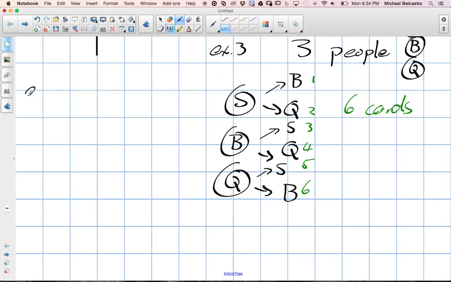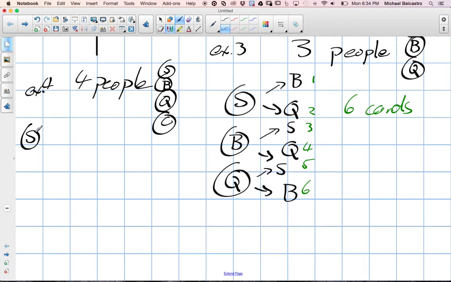Let's continue this scenario over here. Example 4, 4 people. Let's add another name. We have Sandra, Bob, Quincy. Who else do we want? Chris. Excellent. So let's set this up now. Sandra can give a card to Bob, Quincy, and Chris. We're just using initials here. Bob can give a card to Sandra, Quincy, Chris.